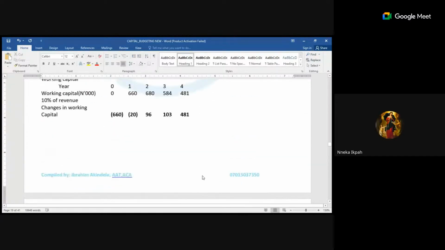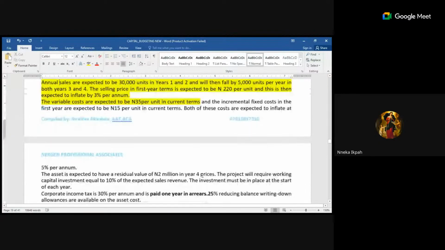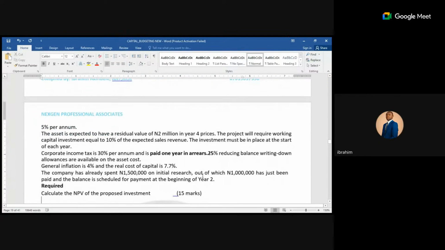Now let's quickly go back to the question. We have an asset. The asset is expected to have a residual value in year 4 prices, that is, they have considered the inflation and all that. So that is why they have a residual value of 2 million in year 4 prices.